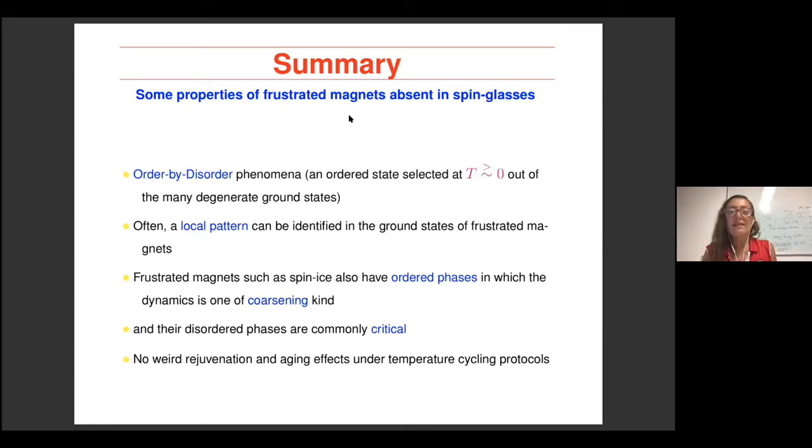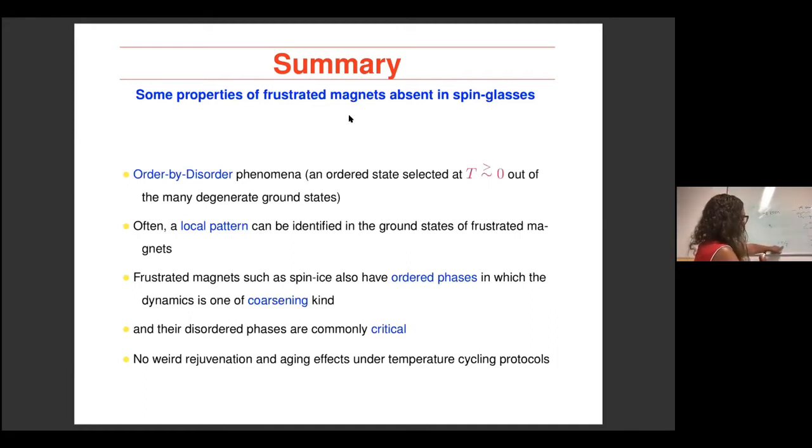How does the temperature affect the dynamics of quench disorder models, say random field Ising models? Okay, so the random field Ising model in 3 dimensions has a phase diagram which looks like that.